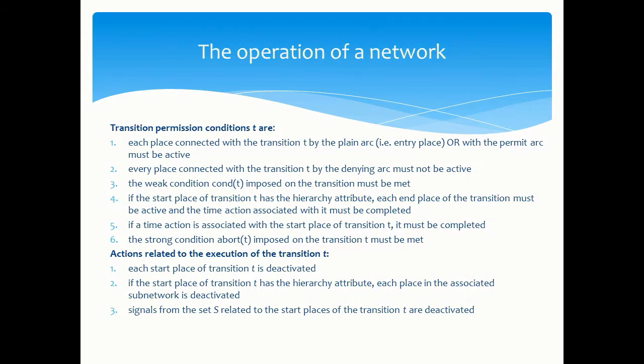Actions related to the execution of the transition T. 1. Each start place of transition T is deactivated. 2. If the start place of transition T has the hierarchy attribute, each place in the associated subnetwork is deactivated. 3. Signals from the set S related to the start places of the transition T are deactivated. 4.